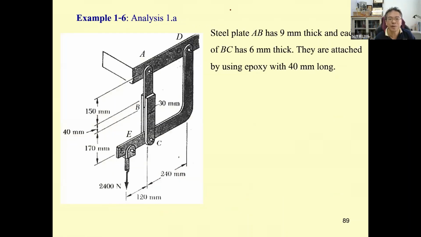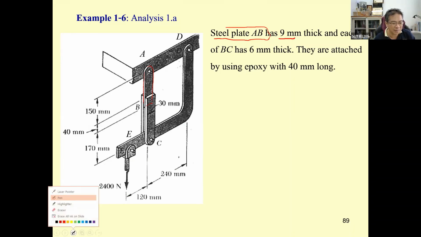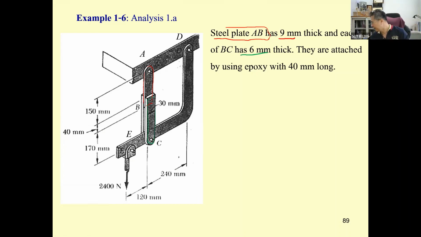We have the steel plate AB. This is going to be the steel plate AB. It is 9 millimeter thick, and then it's connected by the 2 steel plates over here. That is going to be 6 millimeter thick. That means we combine the plates into a form like this.